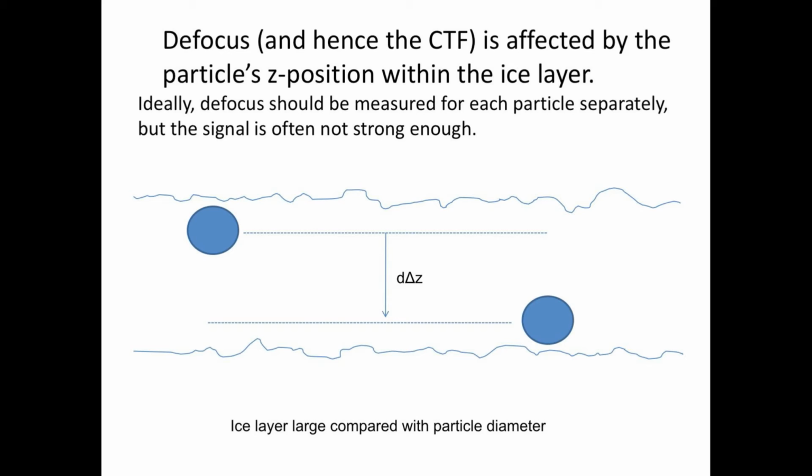So if we use this here as the defocus that we determine, then we make an error for half of the particles of 1,000 angstroms. So this actually depends only on the thickness of the ice.